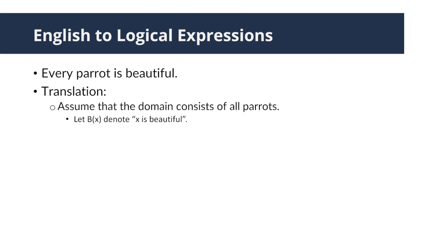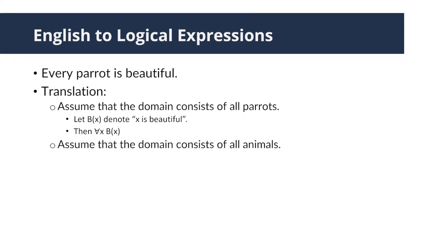Then we need to identify the quantifier we should use. Because in the statement, you can see there's this keyword every. Therefore, we should use the universal quantifier. So the logical expression should be for any X, Bx. If we assume the domain consists of all animals, we should first introduce a predicate to describe what X is.